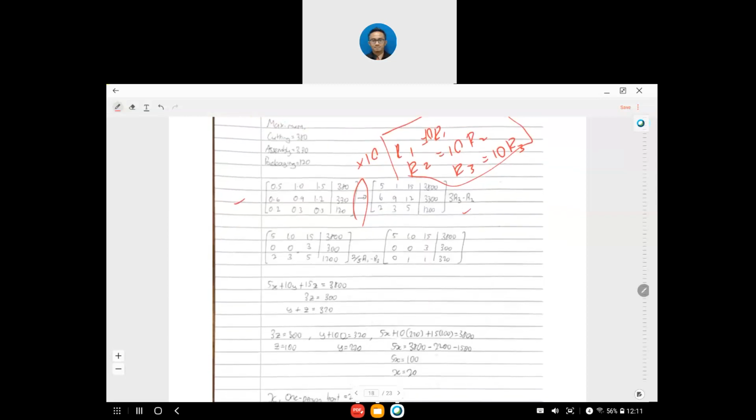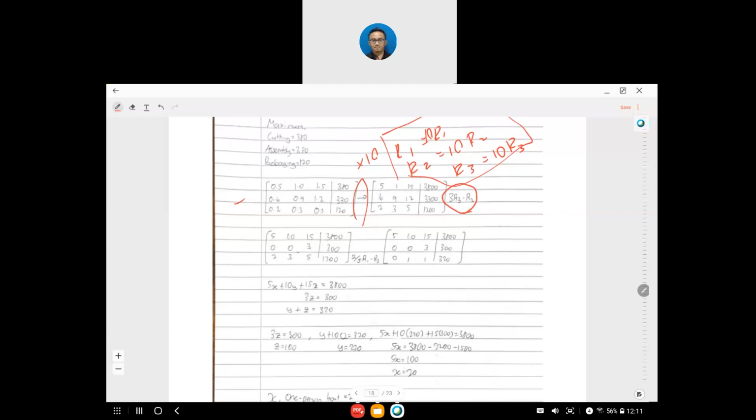And then next, you want to change row 3. Ni pun sama juga ni. Jangan tulis macam ni. Okay. Apa yang awak ubah ni? Row 3 minus row 2. Dia tak boleh ni. Tak boleh ni. Salah ni.